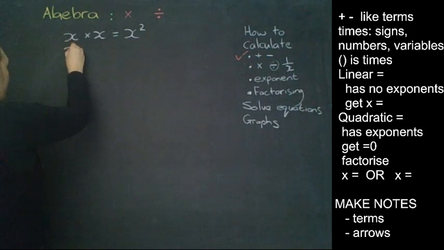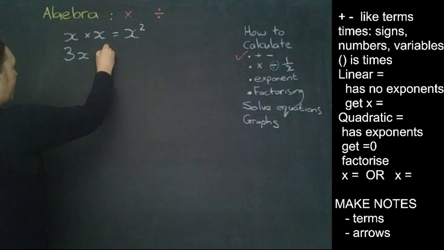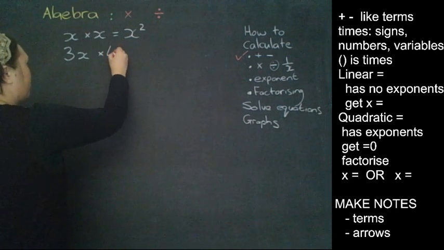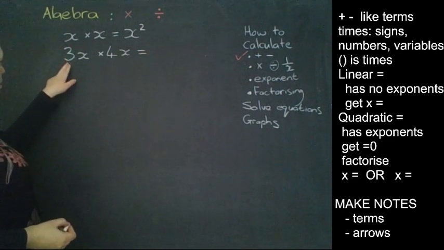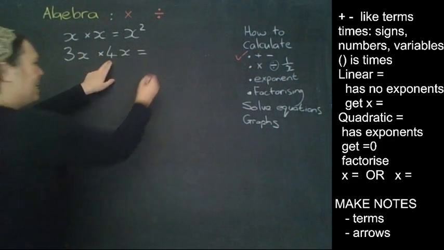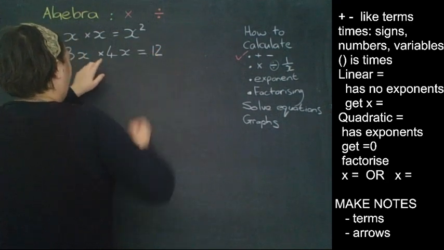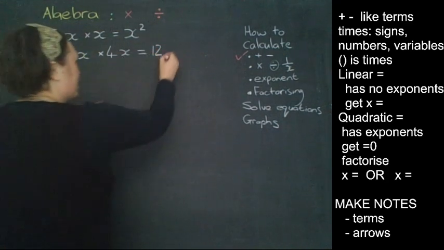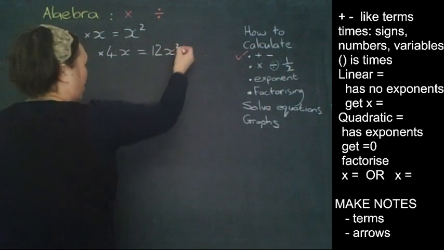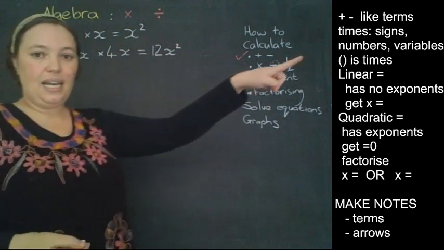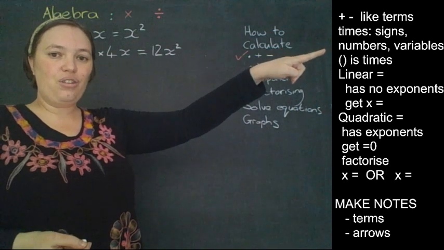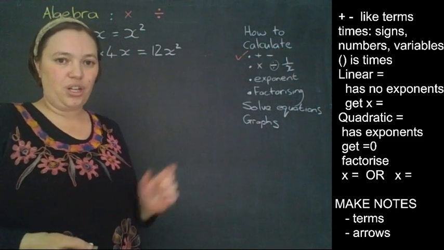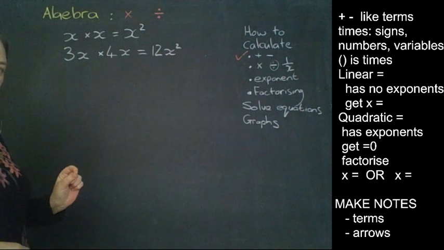We've also got, if we've got a number, 3x times 4x, then 3 times 4 is 12, and x times x is x squared. Okay, so like I said here, when we times, we first do the signs, then we do the numbers, and then we do the variables. So break it up into pieces.